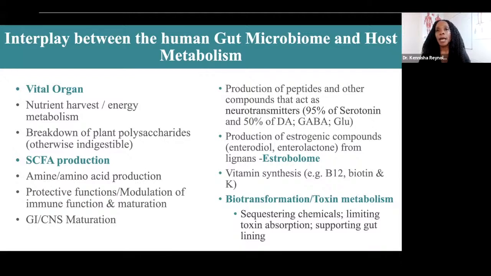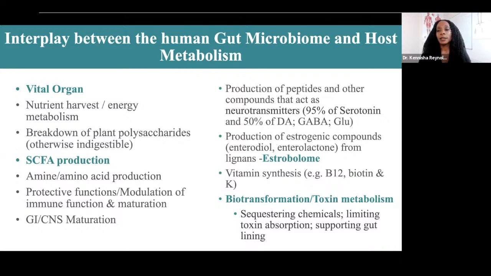There are several mechanisms by which neurotransmitters produced in the gut can indirectly and directly influence the nervous system. 50% of dopamine is produced in the gut, and gut bacteria also facilitate the production of GABA and glutamate.